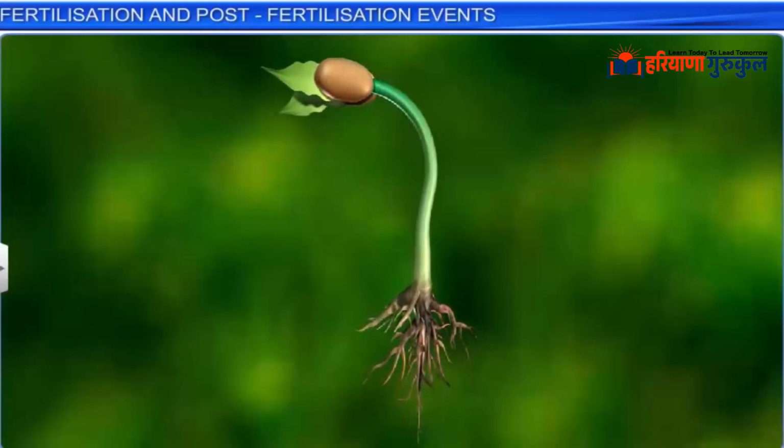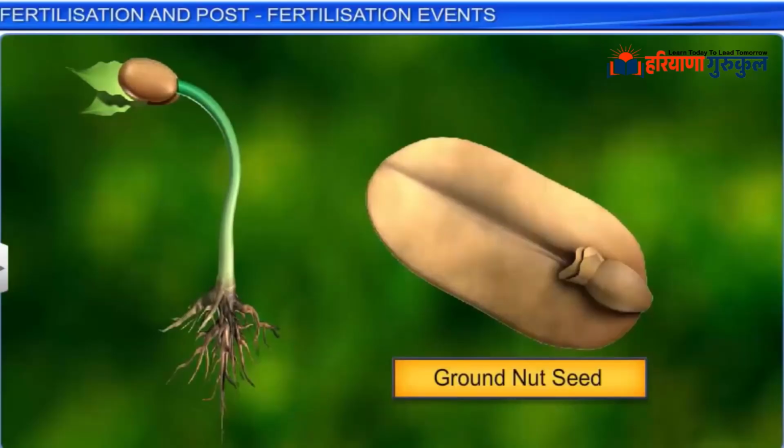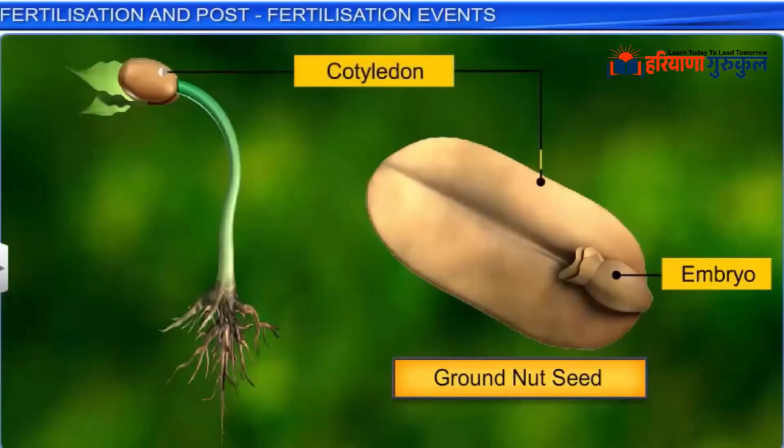In fact, in some plants such as groundnut that belongs to the bean family, the mature seeds lack endosperm as it gets completely absorbed by the developing embryo. When these seeds germinate, the cotyledons or seed leaves become the source of nutrition for the embryo.